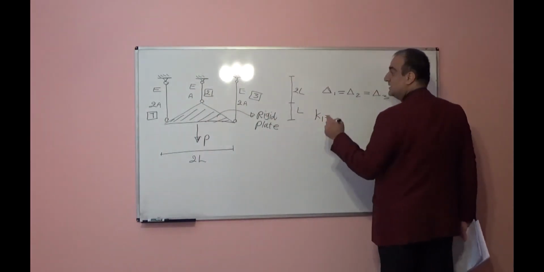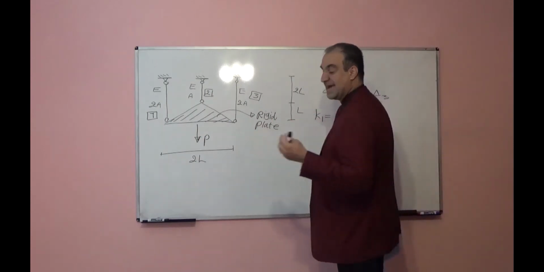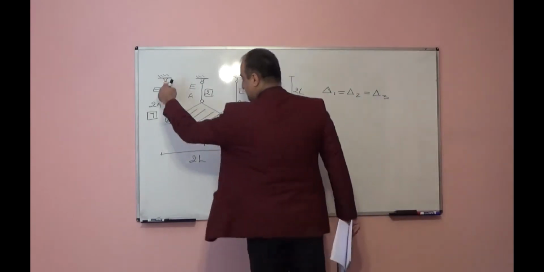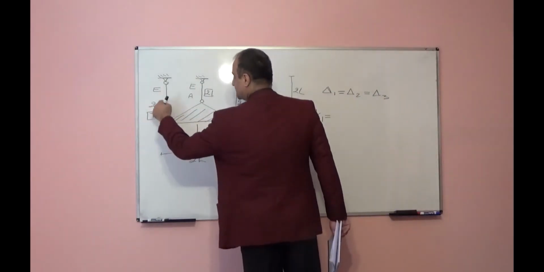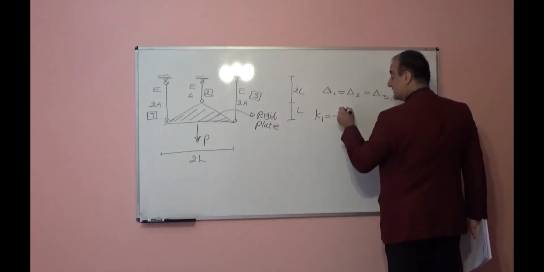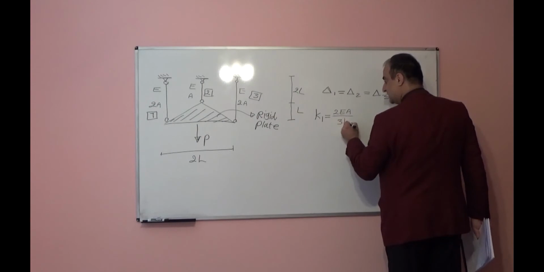This means if I assume each one as one spring, the stiffness of rod 1, K1, you know the axial stiffness is EA over L. So for this one it will be E times 2A divided by 3L, so it will be 2EA divided by 3L.